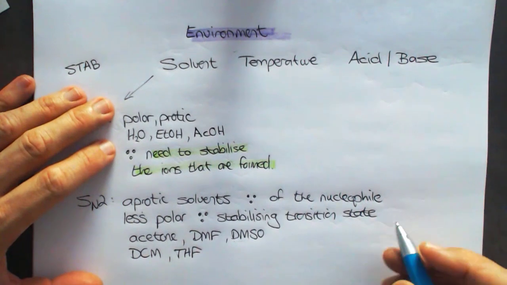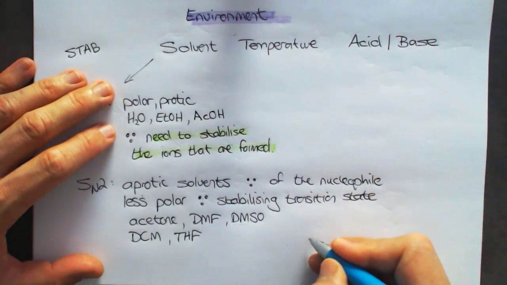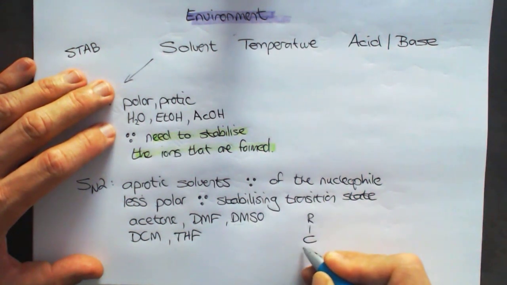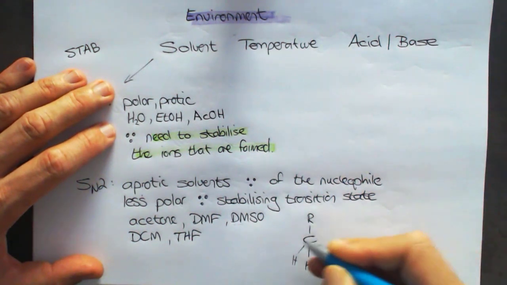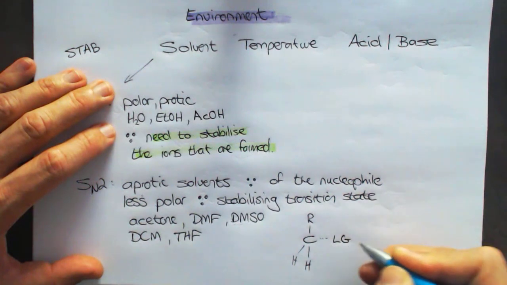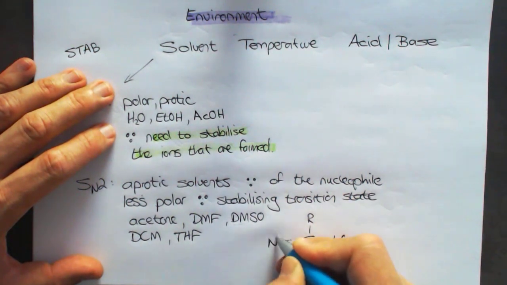And then less polar solvents has to do with stabilizing the transition state. Why is that so? Typically, when you've got a transition state in an SN2 reaction, you have this carbon, with the two hydrogens over there. And so we've got a leaving group and we've got this nucleophile that's coming in.